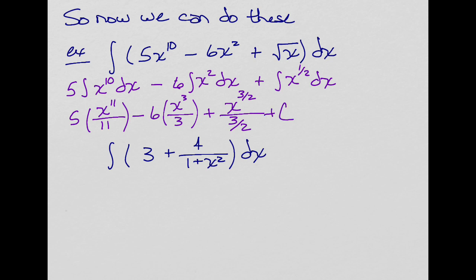And we can do a little better. We can consolidate those. So let's see, 5/11 x to the 11th, and if you want to put 5x to the 11th, that's the same thing. 6 divided by 3, well, we can do that one. 6 divided by 3 is 2, x cubed.